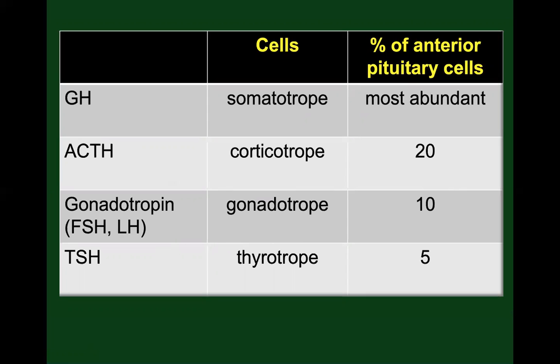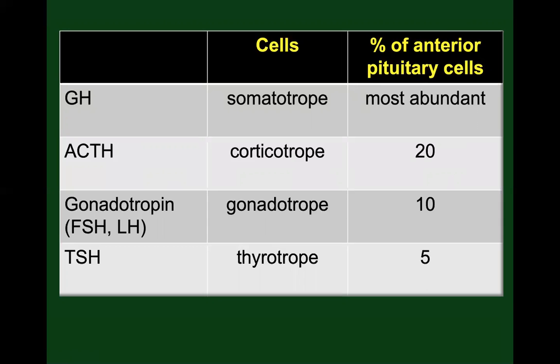Okay, so it's also important to know that the percentage of cells will differ depending on the hormone. What is the clinical implication? Usually, like the growth hormone, which is the most abundant of the anterior pituitary cells, so that's the somatotrope cells, it's the majority of the cells. Usually this somatotrope, if they grow, they usually are big tumors.